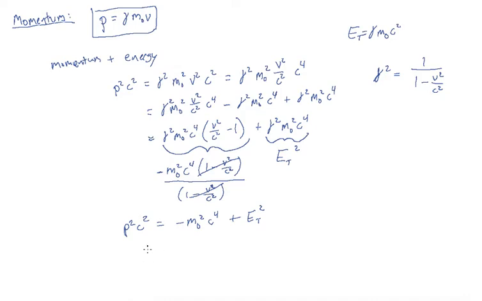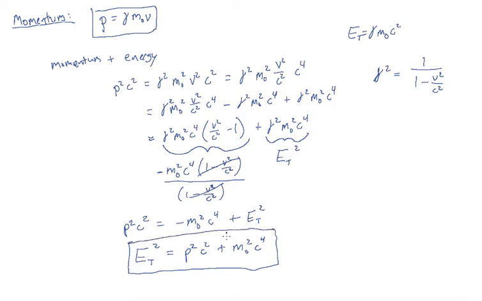If we rearrange that a little bit, we have a new equation for total energy, and that is E squared equals p squared c squared plus m naught squared c to the fourth. And this is a very useful relation right there.